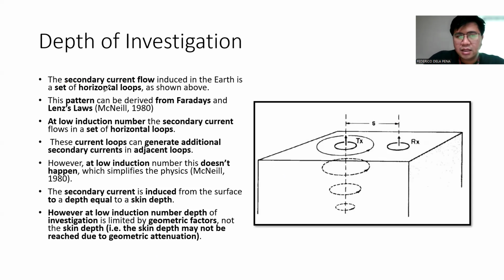Our primary current is coming from the transmitter. The primary current in the transmitter is creating the primary magnetic field, and the primary magnetic field will induce secondary currents in the subsurface.